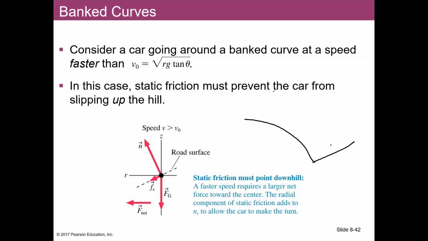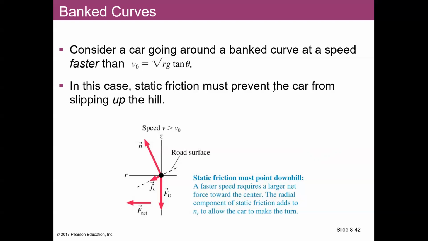There are many different examples of uniform circular motion, and sometimes the most difficult part is the reasoning in these problems. In this case, when the car is taking the curve at greater than the optimal speed, the normal force is bigger, because now the upward component of normal has to equal not only the downward gravity, but also a downward component of static friction.